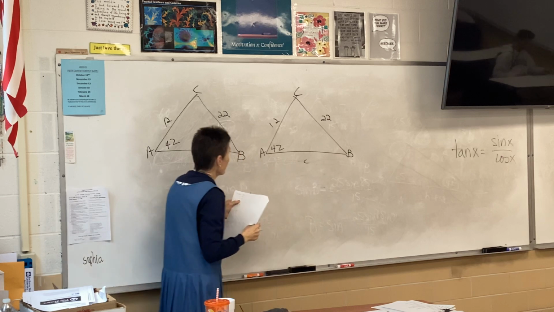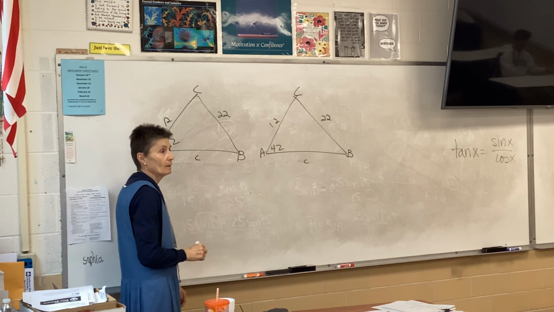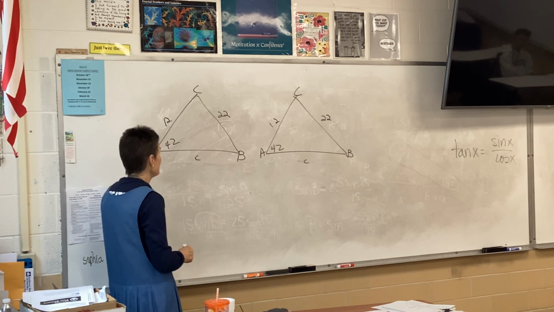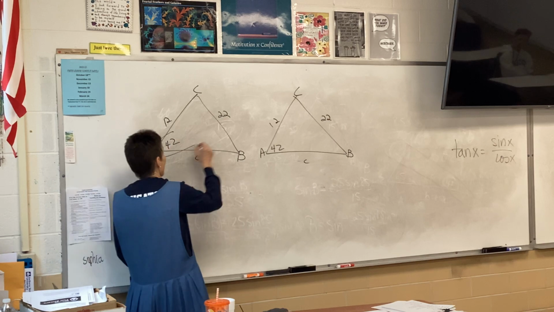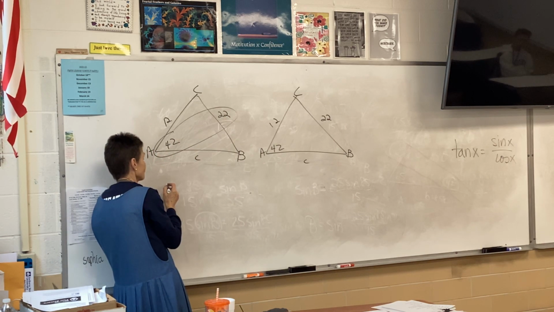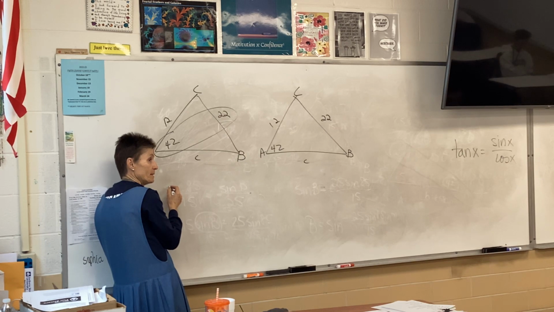All right, so I've drawn it twice in case there are 2 triangles. Kishad, can you set up my law of sines here? Here's my match right there. Look at what we did.